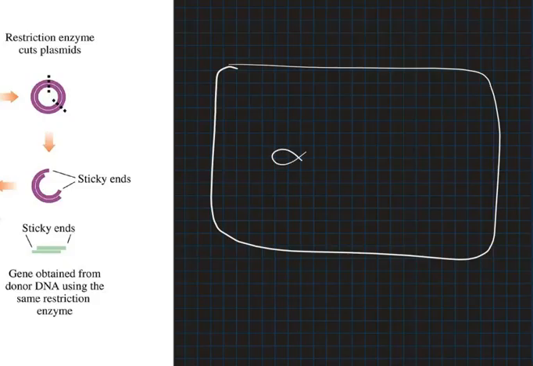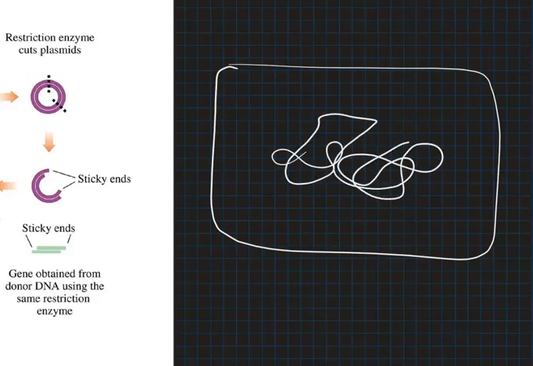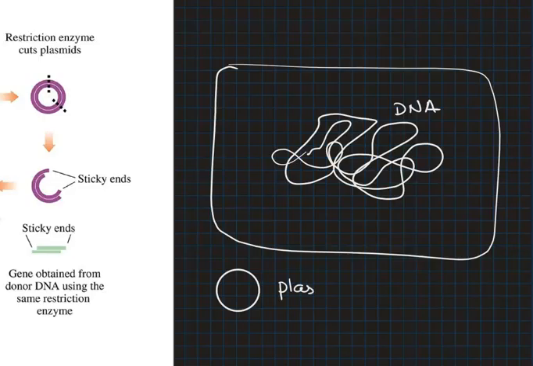And this is the DNA of E. coli. There's no nucleus, so no nucleus. What you can do, you can take a small circular DNA, the plasmid. Let me see if I can make the circle perfect. Yes. And force it in here.